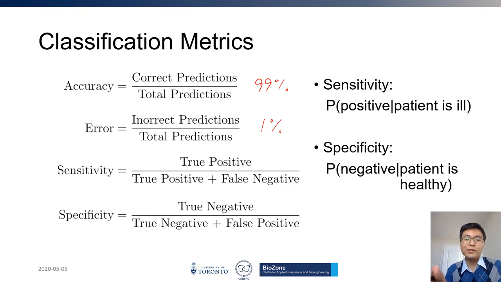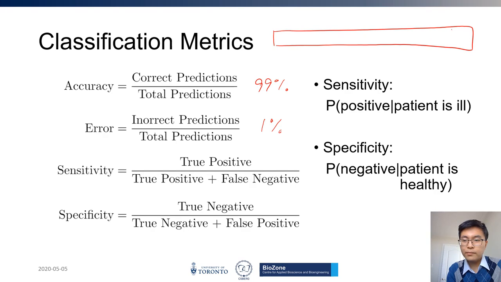However, again, trying to be nuanced here, how can you really achieve 99% accuracy on, for example, this data set? Suppose you have 100 people and 99 of them do not have cancer, but one of them does.